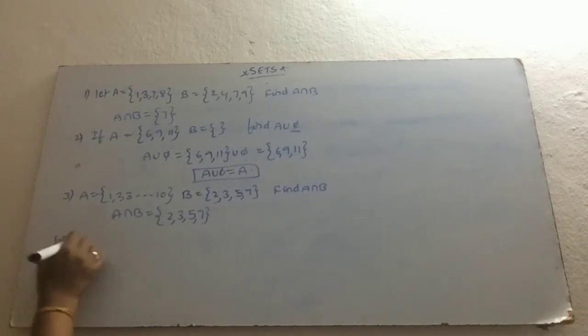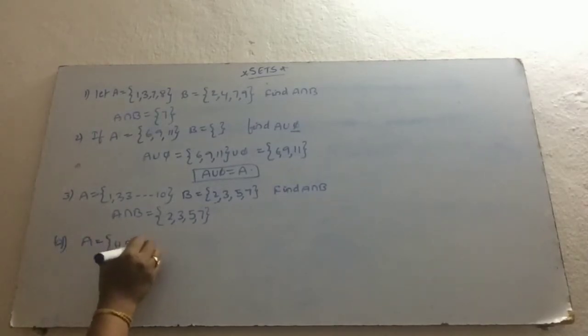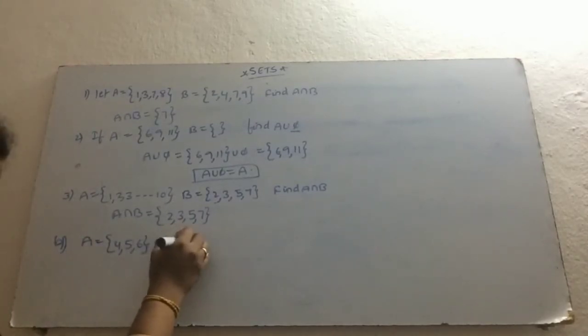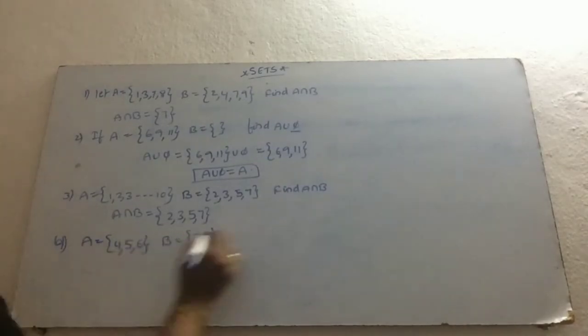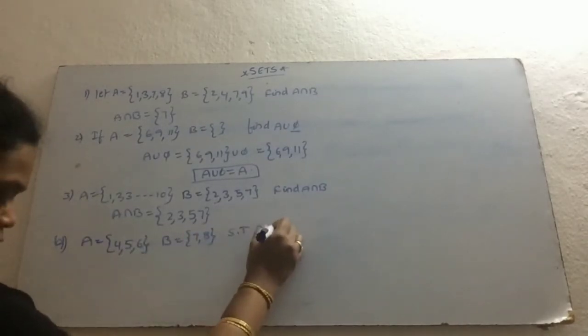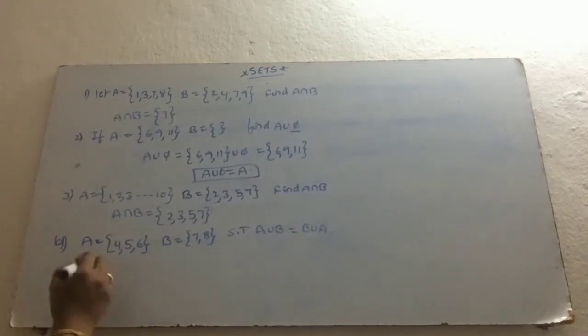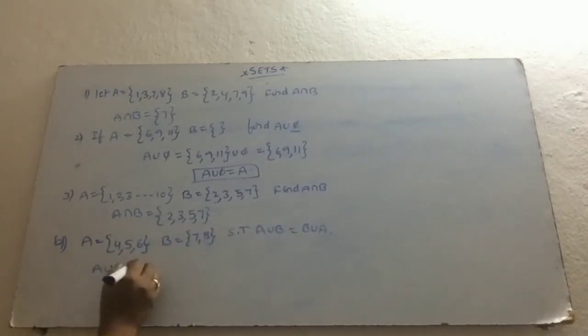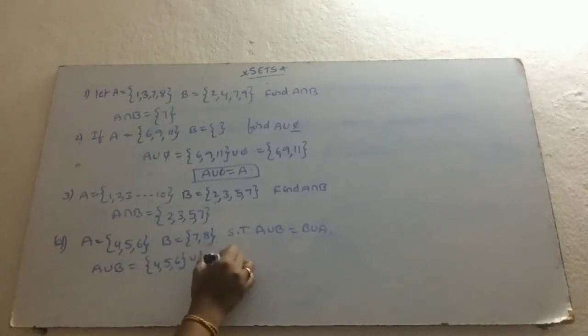And the next one, fourth one, A equal to {4, 5, 6}, B equal to {7, 8}. Show that A union B is equal to B union A. So first we will prove A union B. A union B means {4, 5, 6} union {7, 8}.